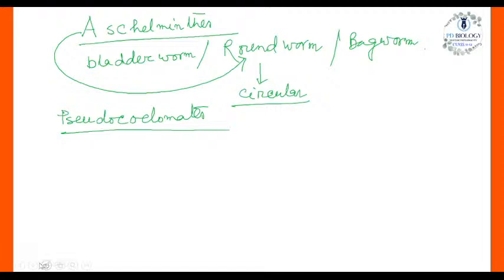The best examples from this group are Ascaris lumbricoides, Wuchereria bancrofti, the filarial worm, and the hookworm, Ancylostoma duodenale.